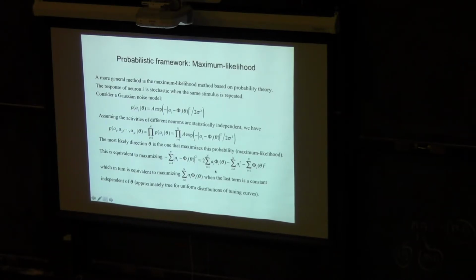So if you maximize this cross term, it's the same as minimizing the square error, or the same as maximizing the likelihood function. That's the very simple argument for the relationship. Sometimes this is equivalent to the maximum likelihood method.